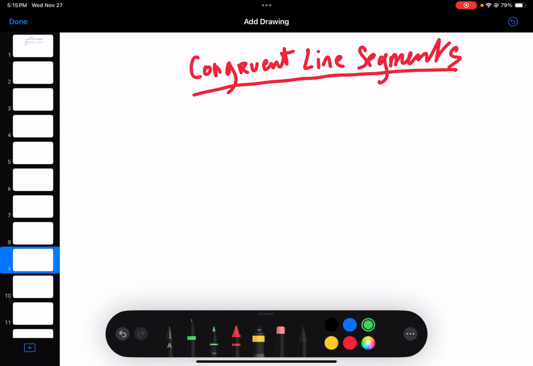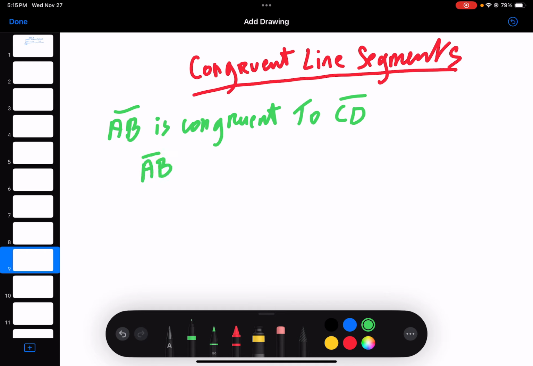All right, so earlier we wrote AB is congruent to CD, right? Because they have the same length. But we don't have to write it this way. In math notation, it's written AB, line segment AB, and we'll write an equal sign with a little tilde on top.